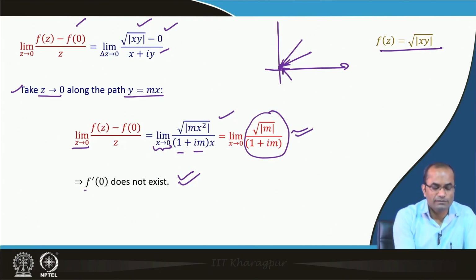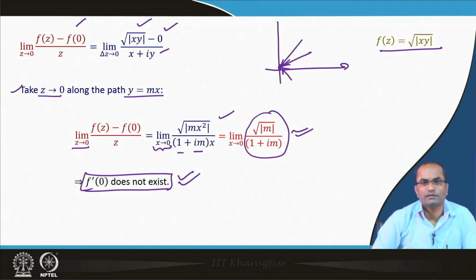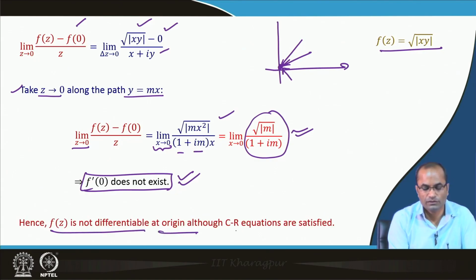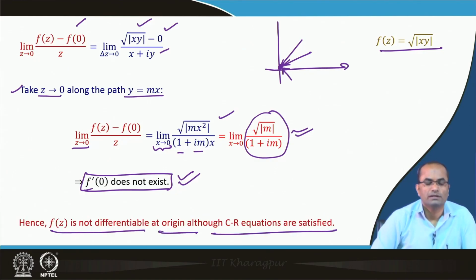So, here this f'(0) does not exist, though the CR equations are satisfied. Which is not a surprising result, which is fine. The f' may exist, f' may not exist. So, f(z) is not differentiable at origin, although CR equations are satisfied at origin.